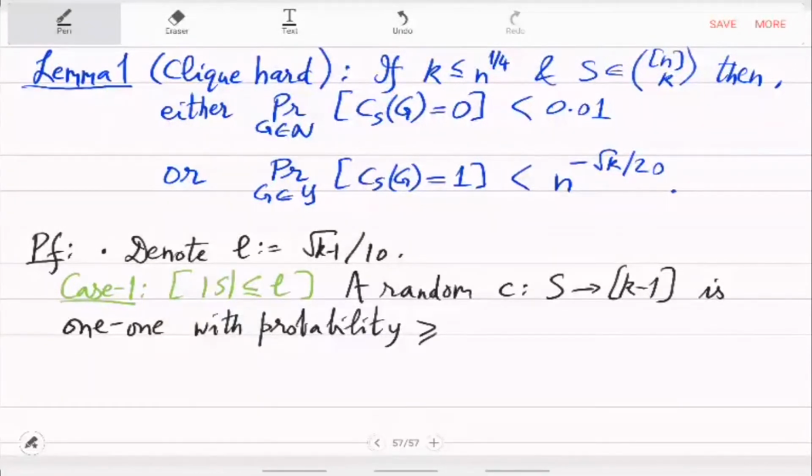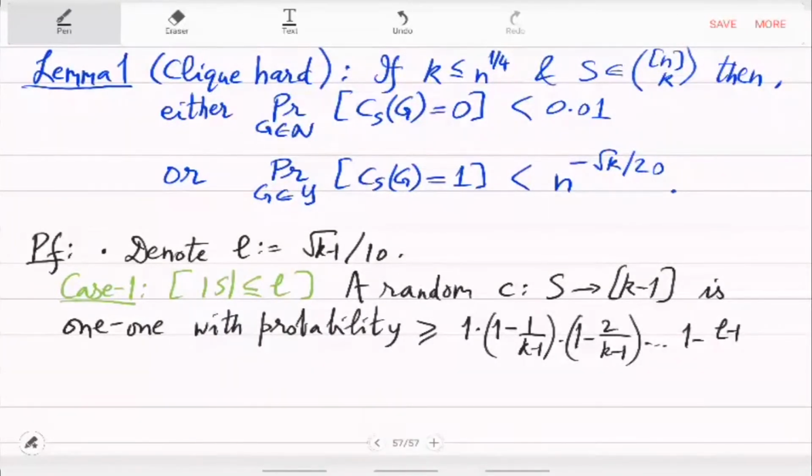The first element in S you can freely label, but the second one you cannot use the label which you used in the first vertex, so that is 1 label less, and the third one is 2 labels less, and so on till L minus 1 labels less.